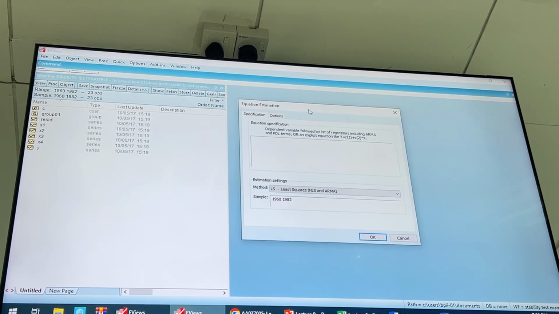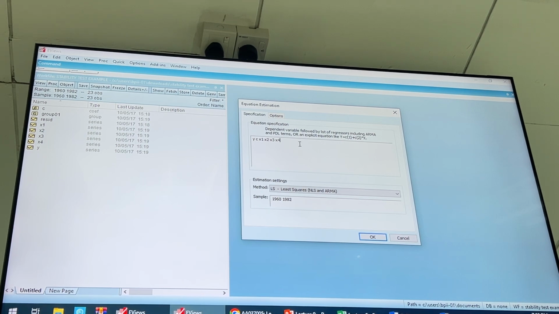So we have y c x1, x2, x3, x4. Now for the stability test, it's just like we are having two groups. Just like male and female, but now the first group is the period before 1977, and the second group is the period after. So it's just like we have two categories, before and after.